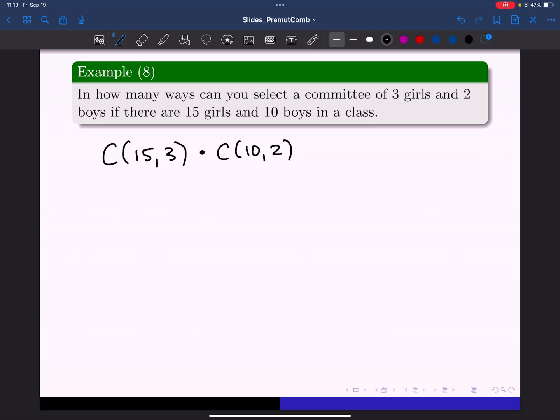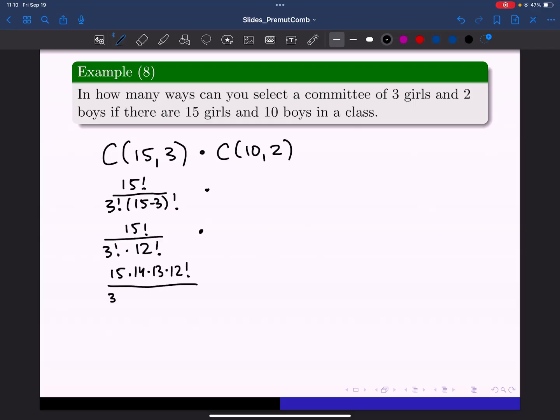So this would be 15 factorial over 3 factorial times (15 minus 3) factorial. This gives me 15 factorial over 3 factorial times 12 factorial. Then we're going to do the rest. So this is 15 times 14 times 13 times 12 factorial over 3 times 2 times 1 times 12 factorial.